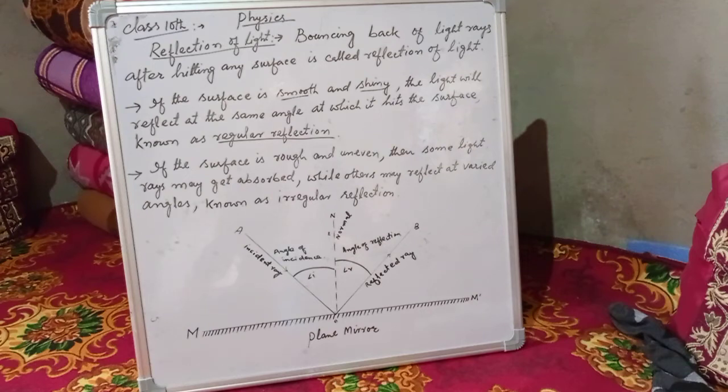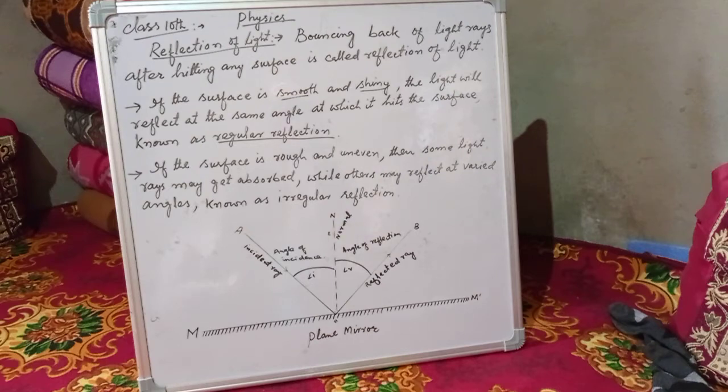So, in other words, when a ray of light coming from any source, whether it is the sun, a candle, a lamp, etc., strikes any surface, it comes back. This coming back of the light rays when it strikes any surface is termed as reflection of light.